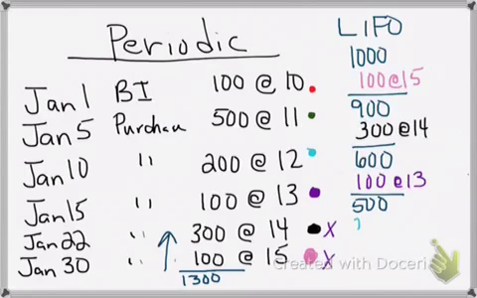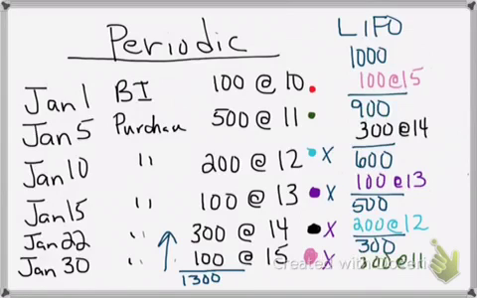So we're going to do 200 at 12, and that is going to leave us with 300 units. And so those last units that we have are going to be in that green section, and those are the ones that cost $11. So the last 300 units we have will be at $11.